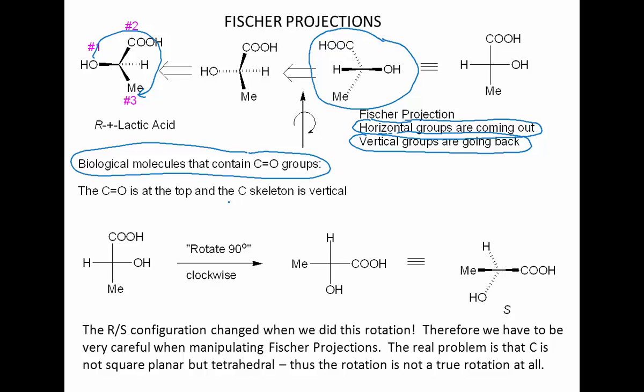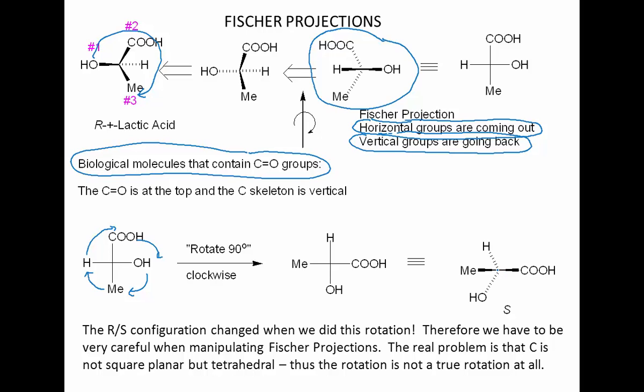So look what happens if we take that molecule and rotate every one of these substituents by 90 degrees. This is the molecule that you end up with. But when you turn it back into a three-dimensional structure, it's now the S enantiomer.